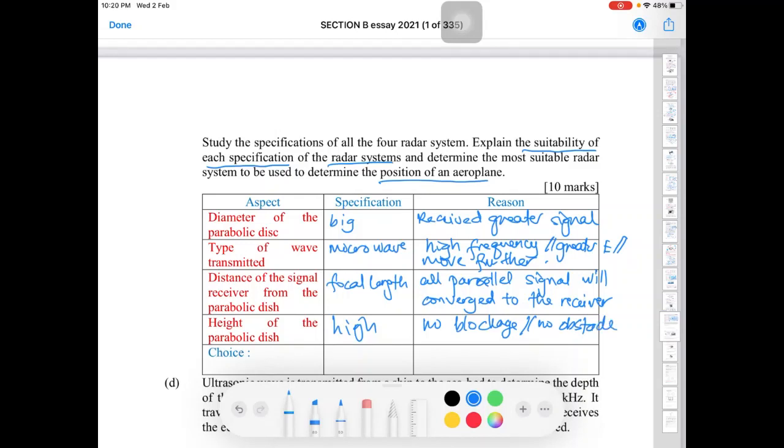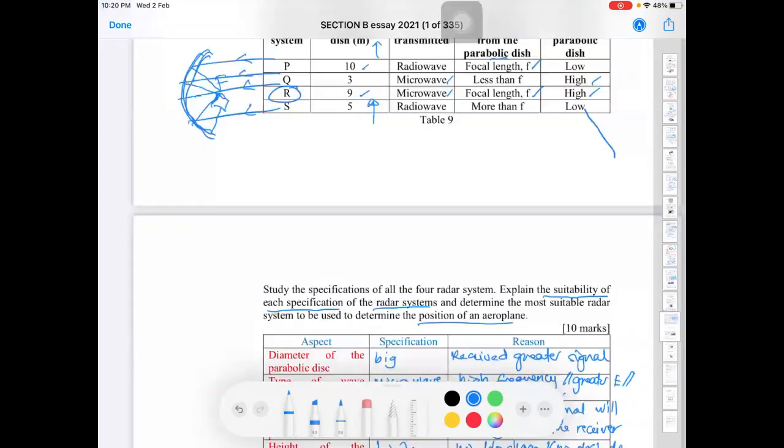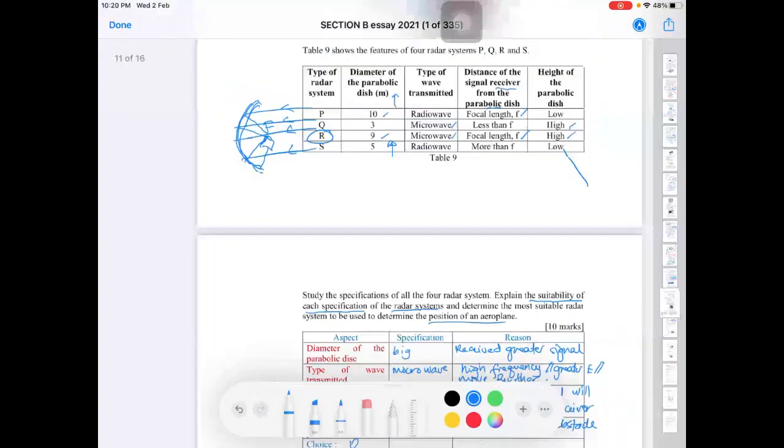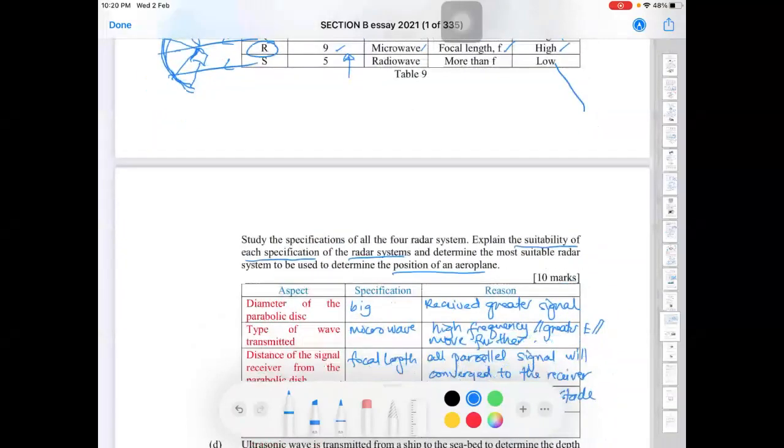Alright, boleh ya? So you punya choice tadi adalah R. Okay, R. So the parabolic dish diameter medium. Okay, tengok choice you. Microwave, focal length and high.